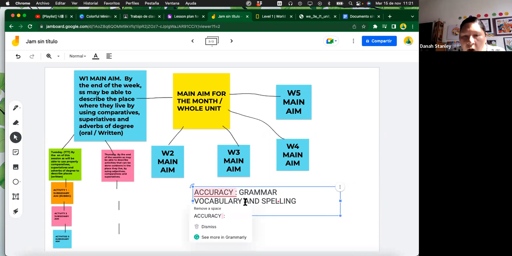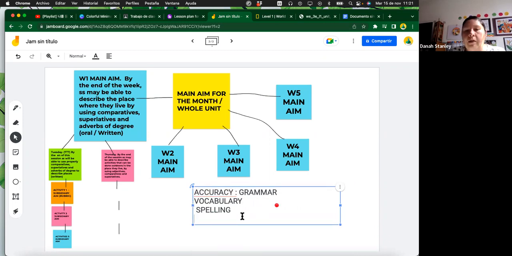O vocabulary, spelling, y no sé, punctuation, or the specific things you want them to learn and evaluate.